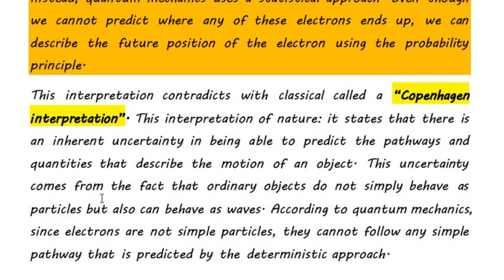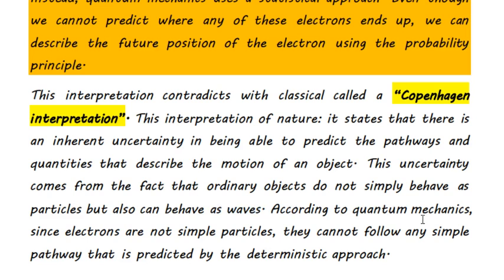This uncertainty comes from the fact that ordinary objects don't simply behave as particles, but can also behave as waves. So this is a different nature description for the particle. It's not a solid particle, it sometimes behaves as a wave.